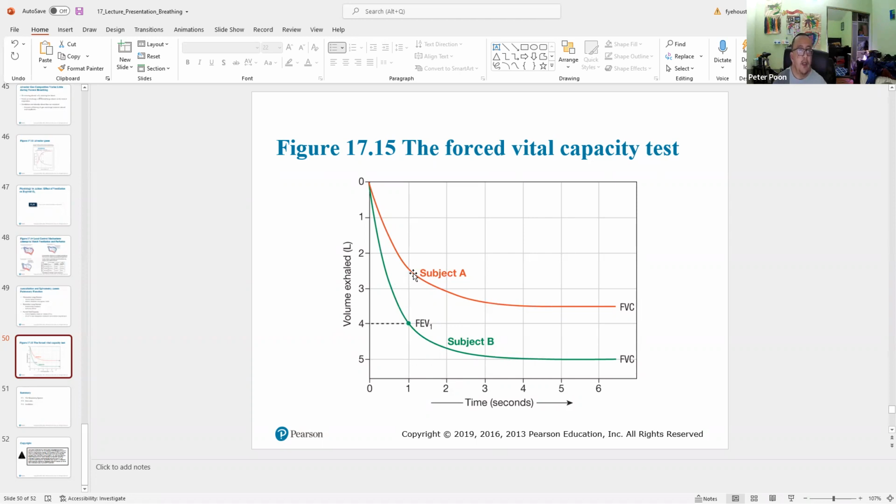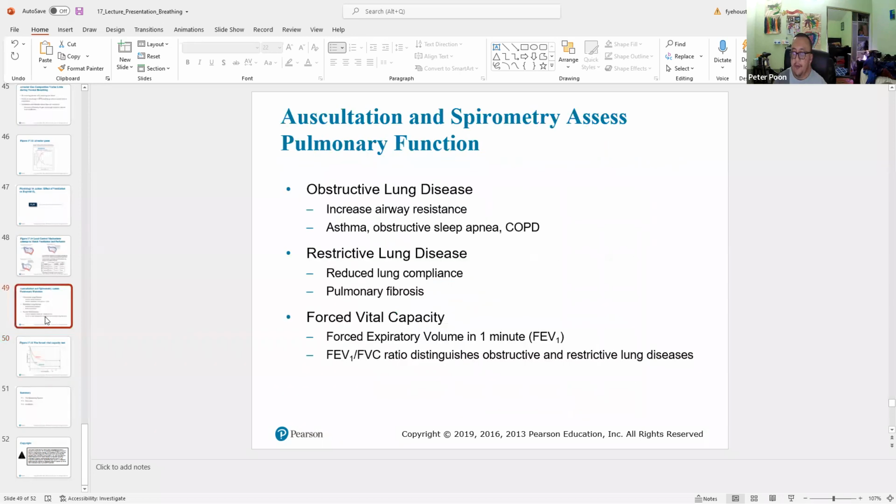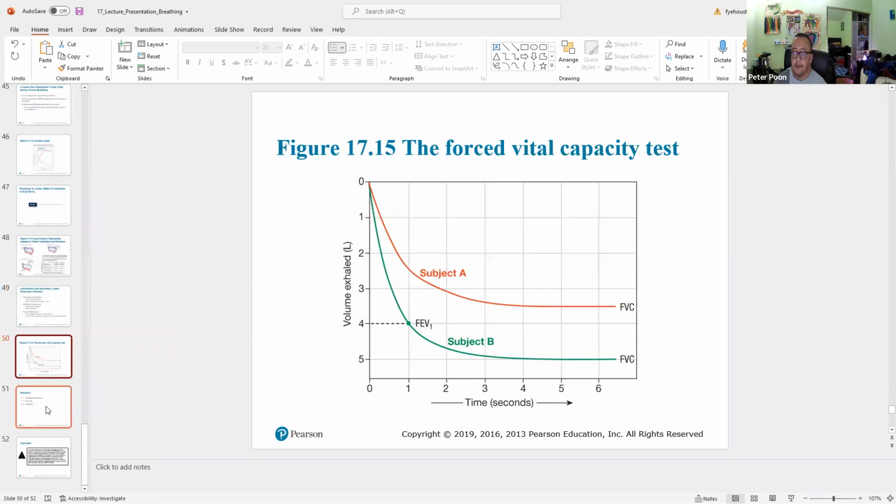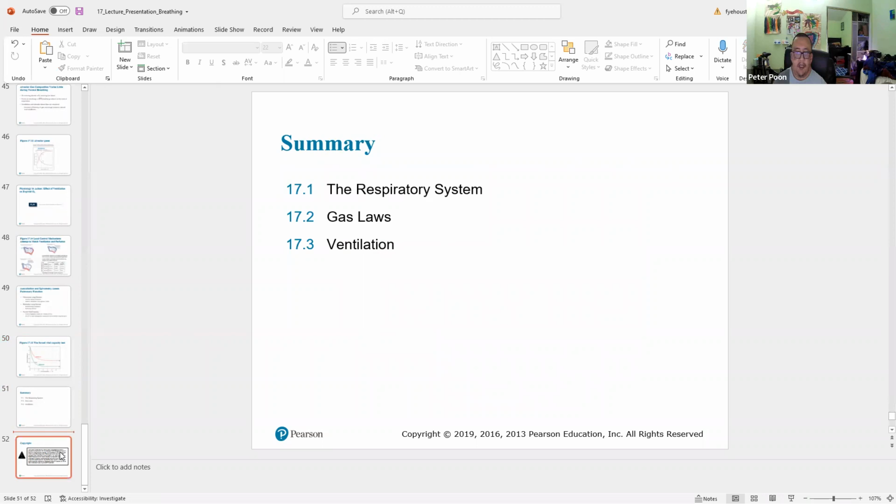So if subject B is normal, which basically is, subject A is going to have a restrictive disorder. Hopefully that makes sense.